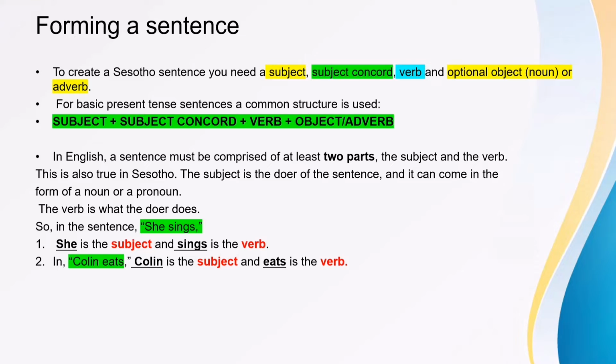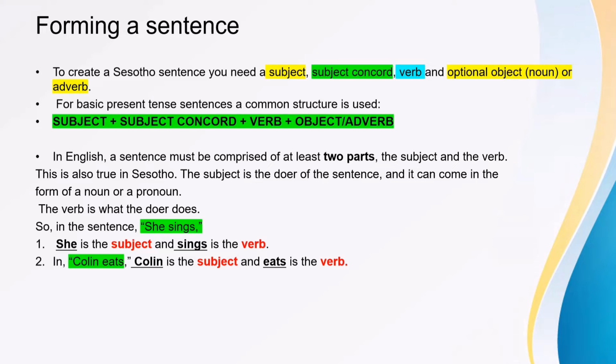First, you need to have a subject, and then the subject needs to be followed by a subject concord, and then you need to have a verb, and then lastly, the object or an adverb. So this is the step-by-step that you need to follow in this order in order for you to make a proper sentence that is going to make sense grammatically.